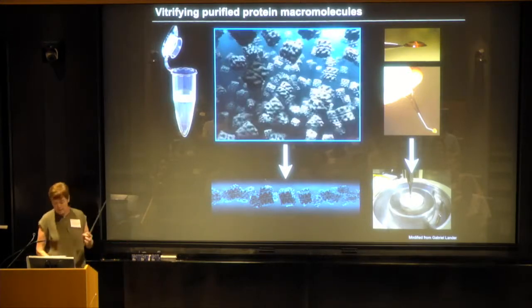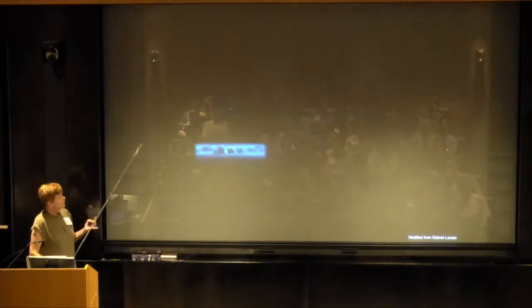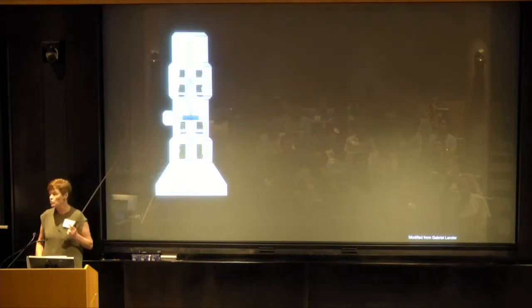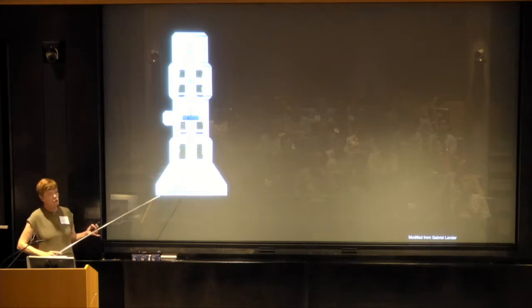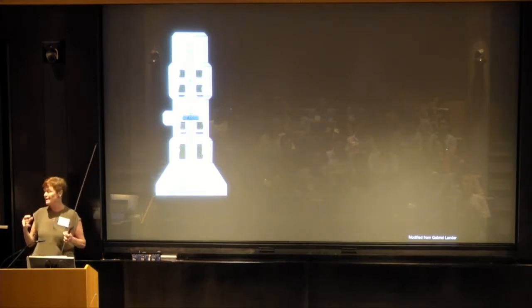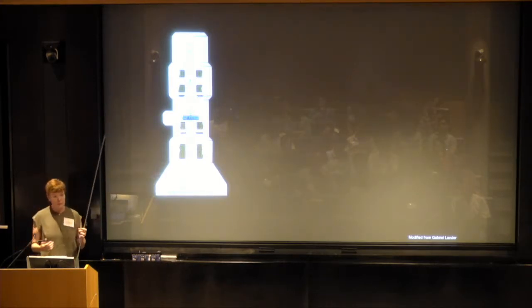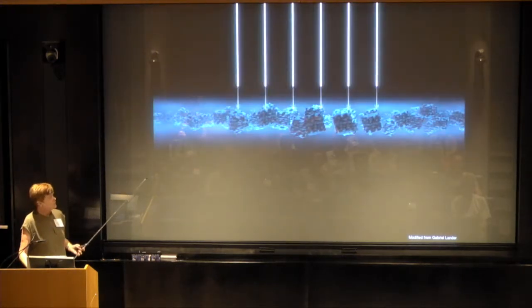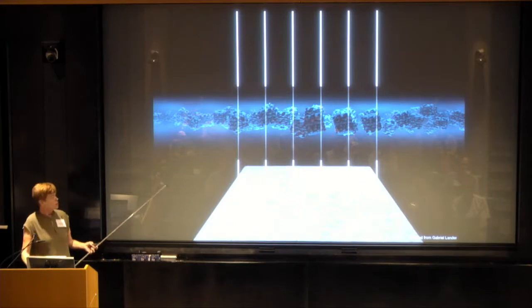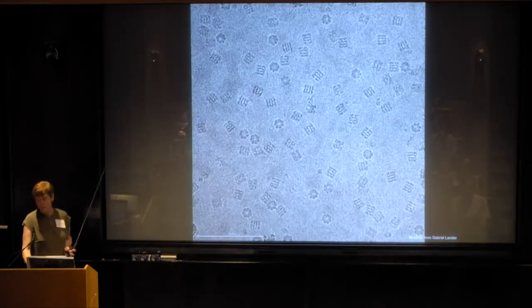Then we take this thin, trapped film of particles and we stick it into a transmission electron microscope. In a transmission electron microscope the electrons go through the sample, which means the sample has to be very thin, otherwise all of our assumptions break down. The electrons go through and produce a projection image of the sample, and it looks something like this.